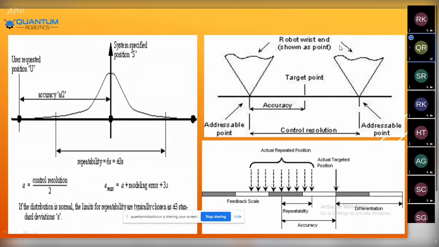The wrist point will be on either of the two sides, which we calculate in a particular dimensional way. In the control resolution, all the resolution lies in between. Then we have to calculate from the target point to our robot wrist.